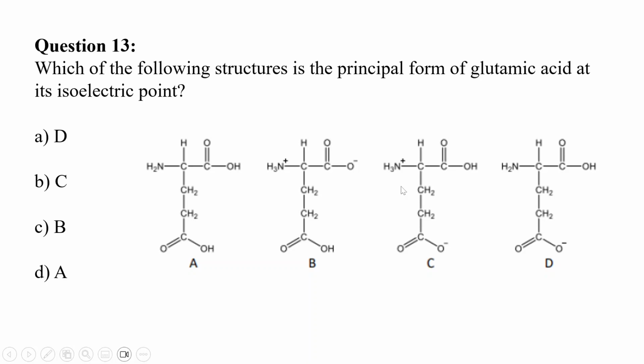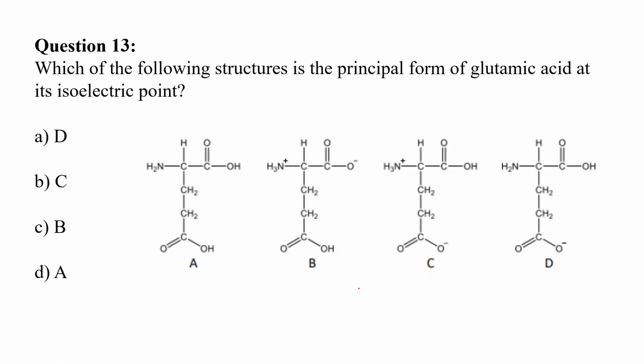Okay, so this is how a titration curve of glutamic acid will go. So if we have a fully protonated state, in that case we will have NH3 plus, COOH for the carboxylic group and COOH for the side chain carboxylic as well. So in that case we will have a +1 charge on the amino acid. So I'll draw that.